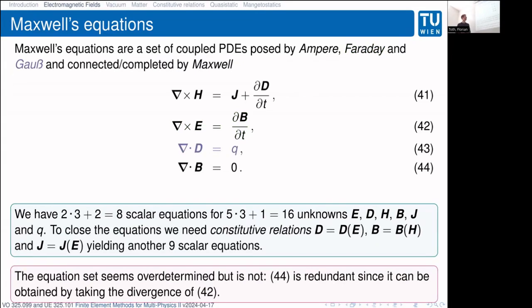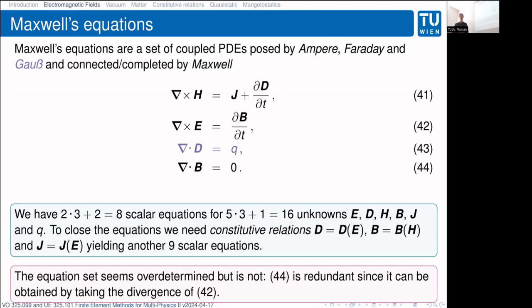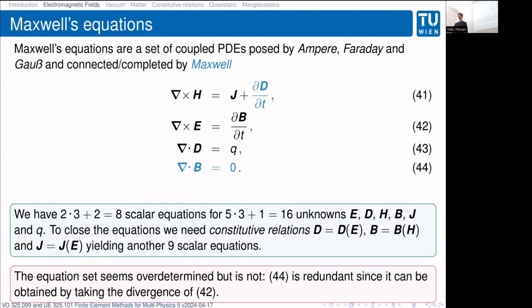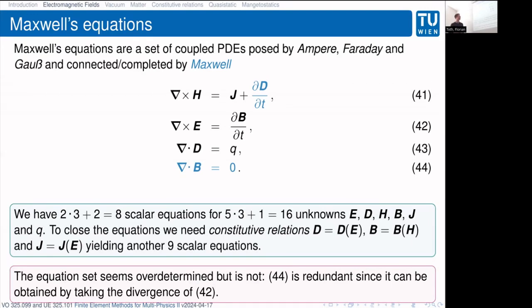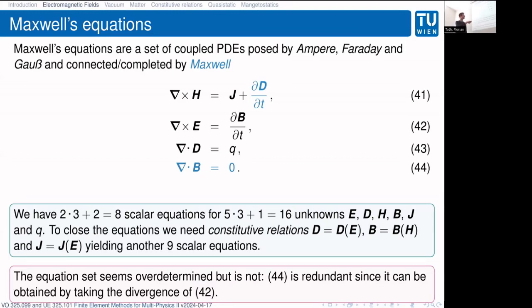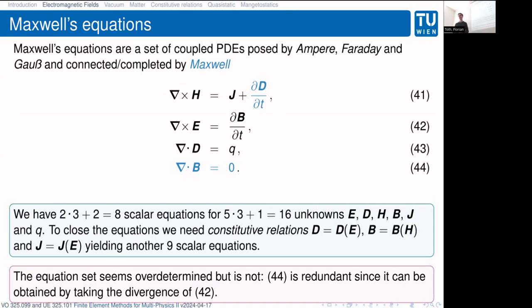Then we have Gauss' law that we have already encountered in electrostatics. And we have the corrections, and that's the reason why they are called Maxwell equations, that basically connect all these pre-existing equations. So the time derivative of the dielectric displacement, the displacement current density that Maxwell introduced, and the condition that the B field is divergence free.